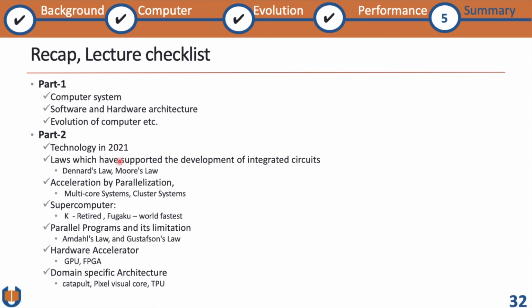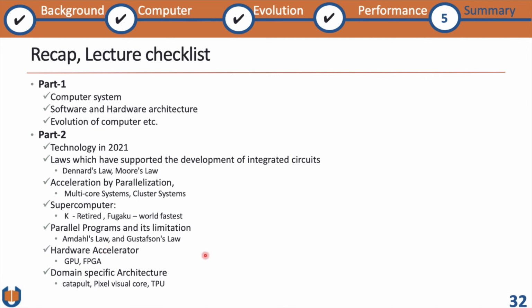Then we covered some laws that supported integrated circuits, and parallelization at the hardware level. Then we discussed the supercomputer: the Japanese supercomputer K, and then Fugaku, the world's fastest supercomputer right now, developed by Fujitsu and Riken.